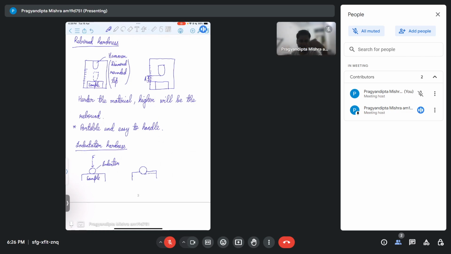Either this depth or the area that is being occupied by this indenter will be measured. And then you can measure hardness; one way could be to just take the load divided by the indentation area.